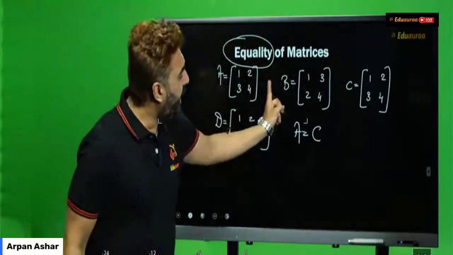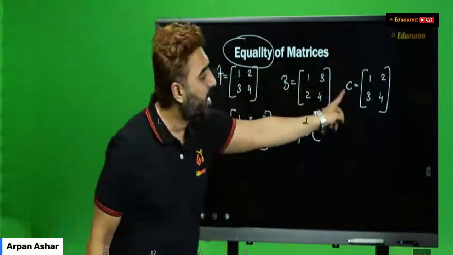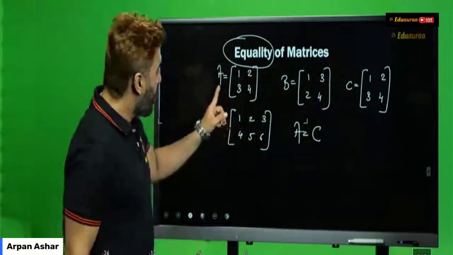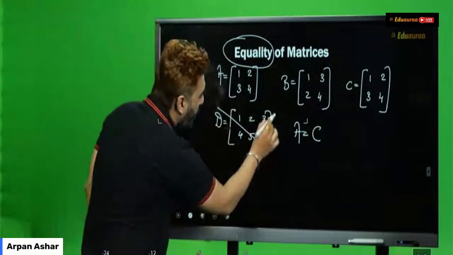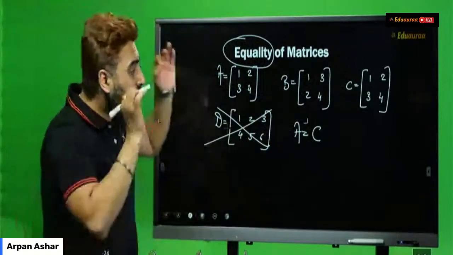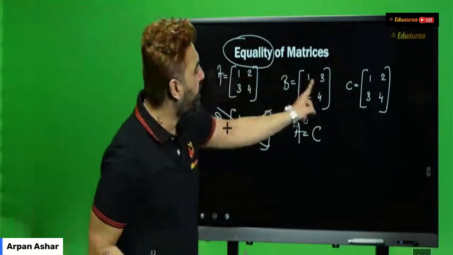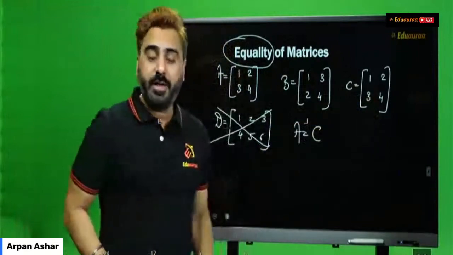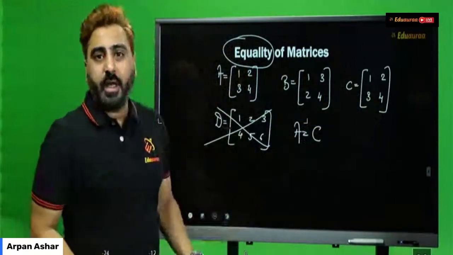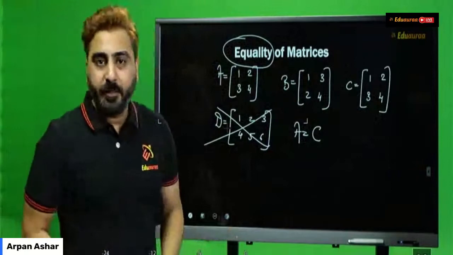Then why not A and B are same? Why not B and C are same? D is out of your league. Why? Because it is logical that the order of these three matrices is same, and the order of this matrix is different, meaning there is no chance of it being the same.